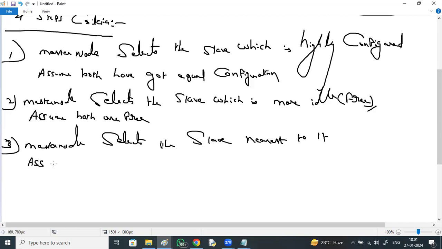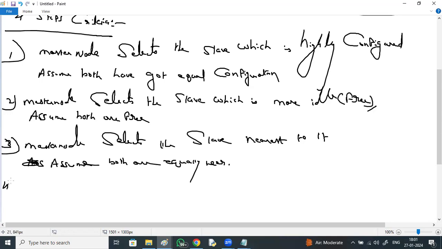That means the master is in one country and the slaves in another country, or the master in one state and the slaves in different states, or the master in some city and the slaves in different cities. Assume both are equally near, all are in the same lab.